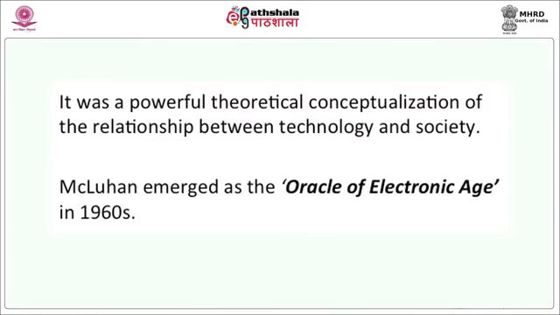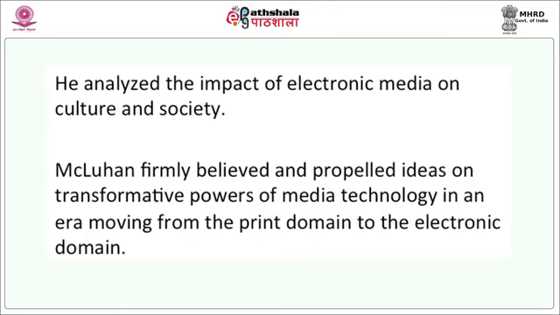The major premise of this theory was that a society's technology drives the development of its social structure and cultural values. It was a powerful theoretical conceptualization of the relationship between technology and society. McLuhan emerged as the oracle of the electronic age in the 1960s. He analyzed the impact of electronic media on culture and society.